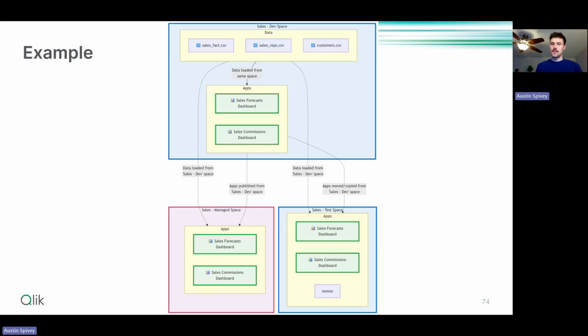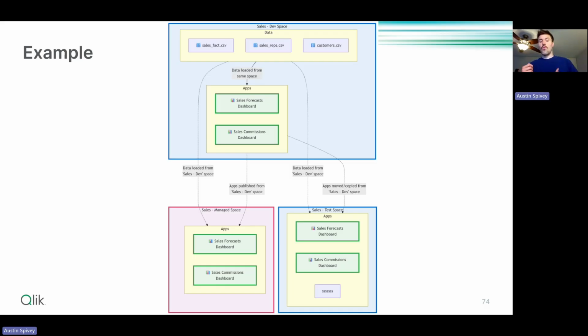So I have, for example, a sales fact CSV file, a sales reps CSV file, and a customer CSV file, just for examples. From this data repo within this dev space, I can load those files into apps that I'm working on with other developers in my sales space. So we're imagining here a sales forecasting dashboard and a sales commissions dashboard.